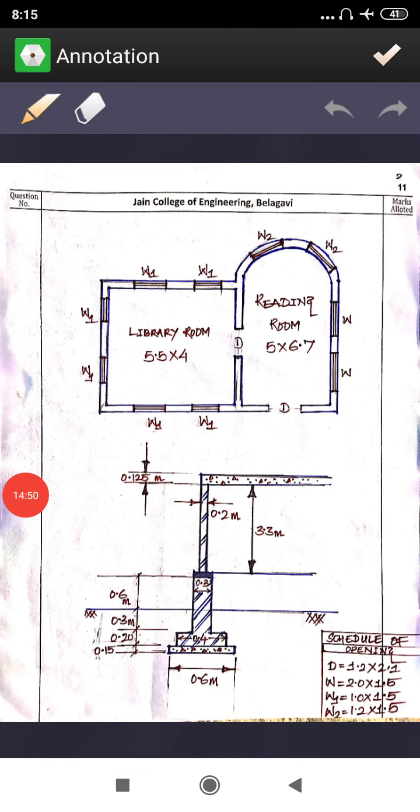Now here you will be having the width as I have shown you, that 0.6 I have taken, and the depth, see here 0.3, 0.2 plus 0.15. So altogether this depth is 0.65. Similarly for second quantity, for foundation bed, width is 0.6 and the depth is 0.15 meter.